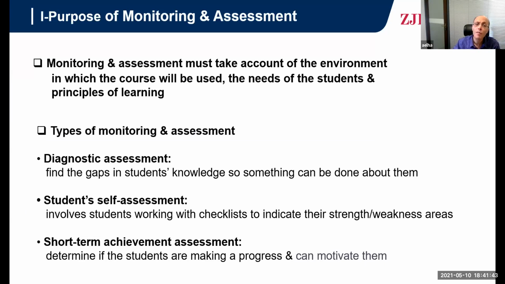Diagnostic assessment aims to find the gaps in student knowledge so that something can be done to improve that. While student self-assessment involves students working with checklists to indicate the areas of their strengths and weaknesses. Short-term achievement assessment aims to determine if the students are making sufficient progress and how we can motivate them.